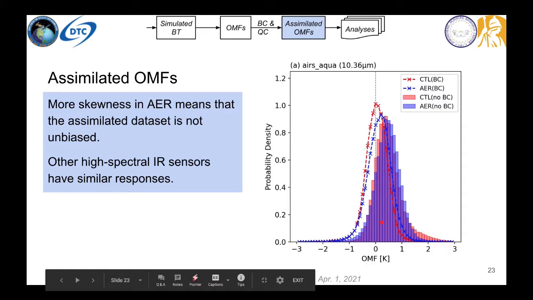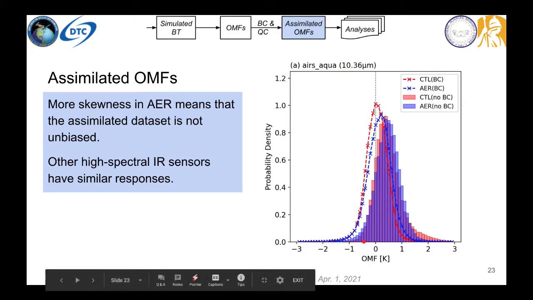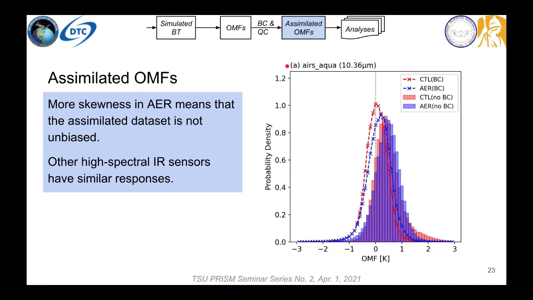And following the considerable change of the bias correction, the QC procedure is also changed, since the QC procedure in GSI uses the bias corrected observation first guess departures to determine which observations are assimilated and which observations are rejected.